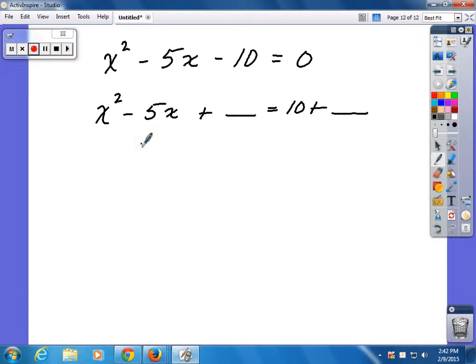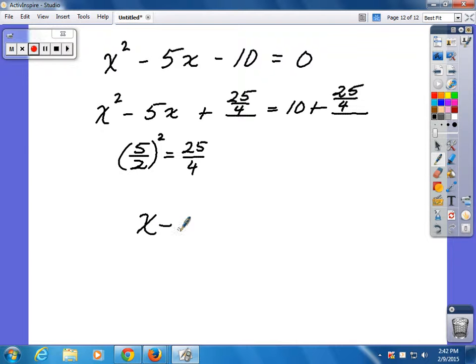Half of 5 is 5 halves. 5 halves, quantity squared, is 25 fourths. And that's going to give you x minus 5 halves, quantity squared, is equal to 40 fourths plus 25 fourths.